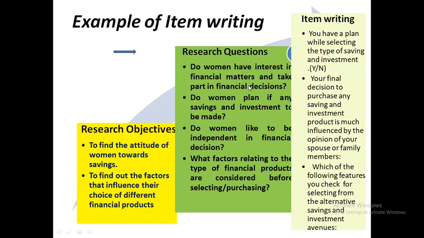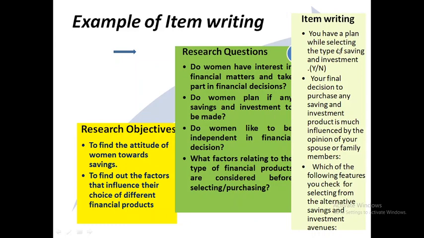As in the example, this information needs to be collected through primary data, and that's why for the researcher it is inevitable to construct the questions that are going to be asked to the respondent in a questionnaire or through other tools of data collection like SIDL or various other methods. Now in item writing, you see, you have a plan while selecting the type of saving and investment.